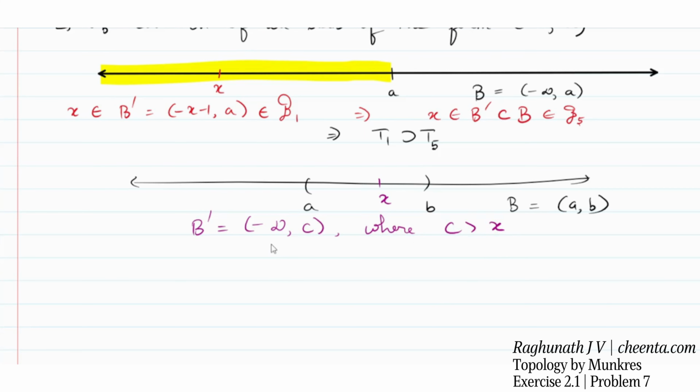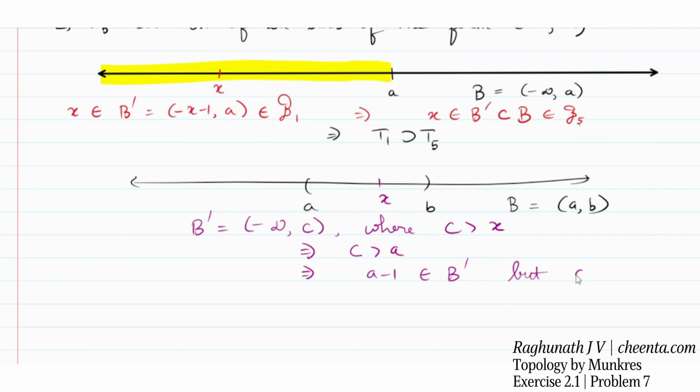Now, since c is greater than x implies c is greater than a, and that implies a minus 1 belongs to b prime because c is greater than a, right?